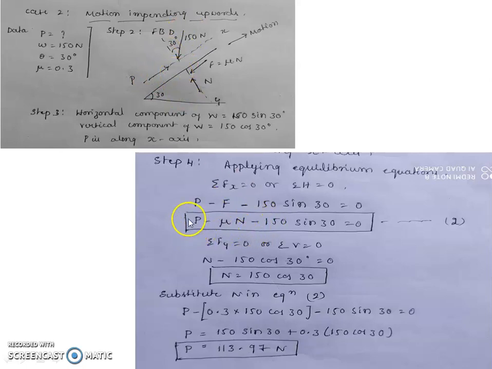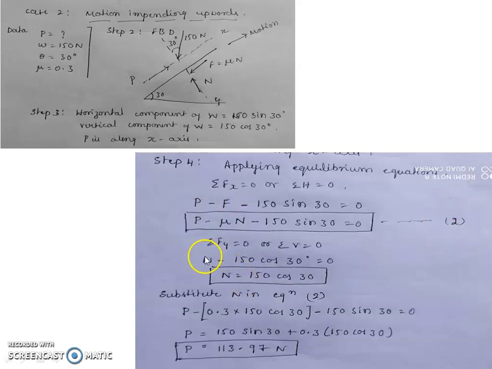Then my equation becomes P minus, I will substitute for F. F is nothing but mu into N. Hence it becomes P minus mu N minus 150 sin 30. That I call equation 2.